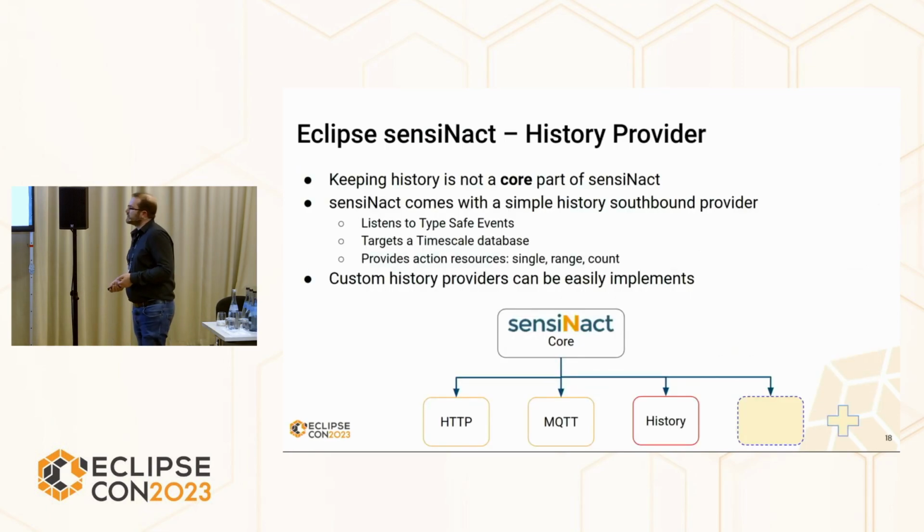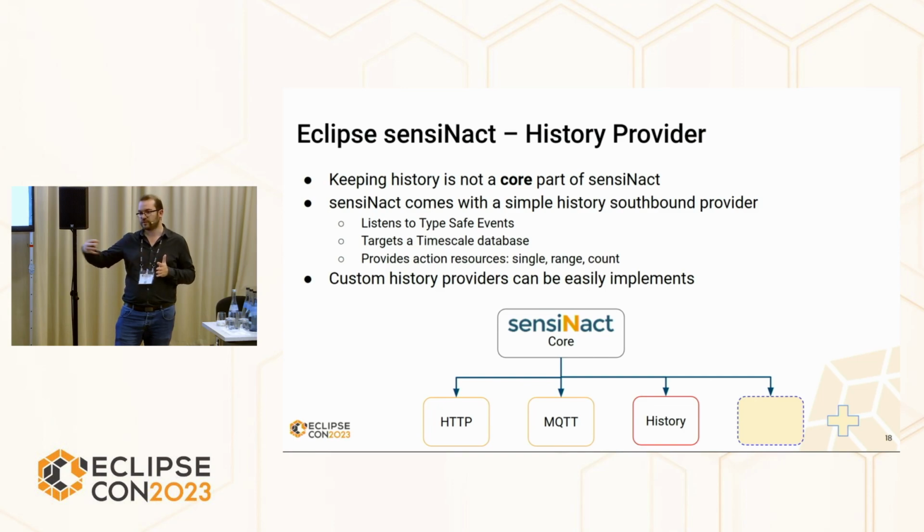One important note is about history. At first, and in fact I think it's a good idea, SensiNact doesn't keep track of history. It's just a digital twin, it keeps the current state of everything. If you want history, you create a southbound provider. It will interact with the database, so it's a virtual provider.